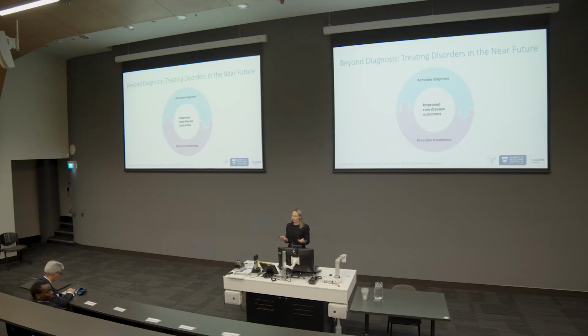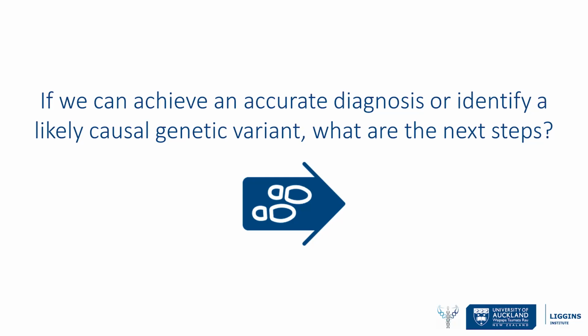I'm excited to be here to hopefully provide you with some insight into some of the stages that follow diagnosis and some of the pioneering treatments that are emerging for rare genetic disorders. As you've already heard, for rare genetic disorders, achieving the diagnosis can be incredibly difficult, and it often takes many months or even years to find out what's causing an individual's disease.